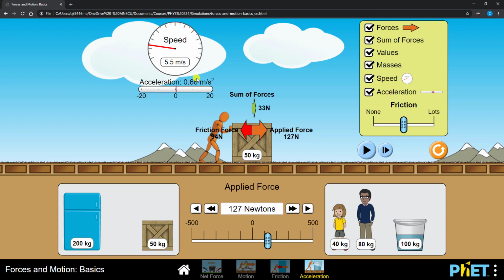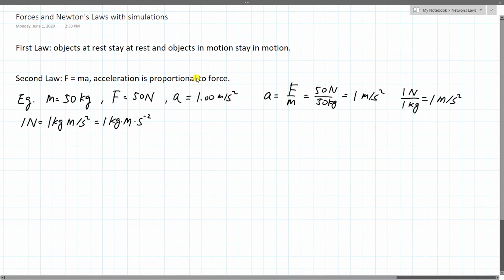So let's switch back to our calculation. So another example. This is example 1. So example 2, we have a mass which is still 50 kilograms. We have this applied force from the figure, let's call it F1, so 127 newtons.